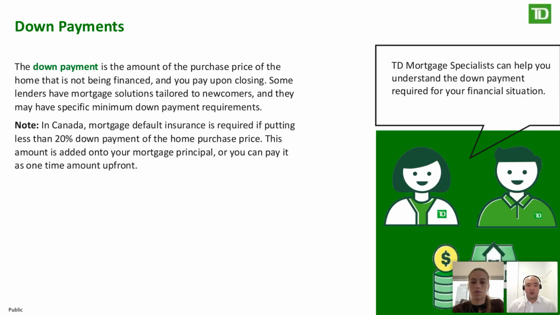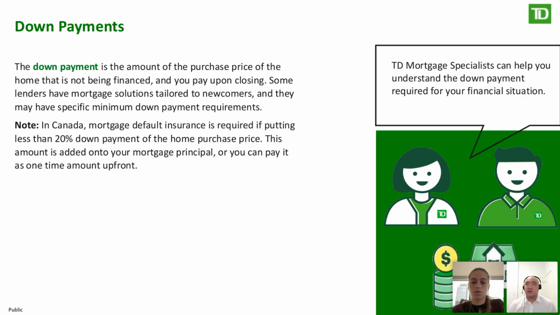That is paid on closing, as mentioned here, to the seller from your own existing capital, your down payment, right? The second point here mentions that in Canada, with all regulated lenders, you need to have at least 20% down payment if you want to avoid the necessity to pay what's called default insurance.